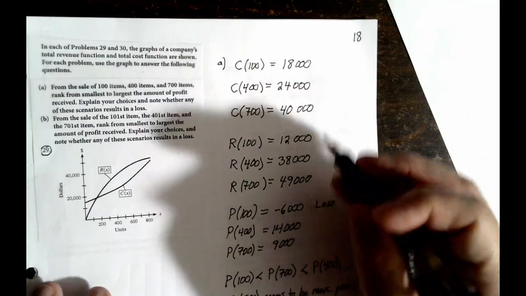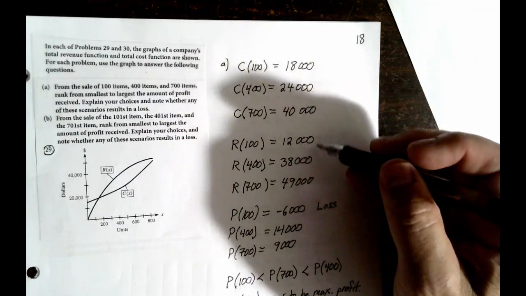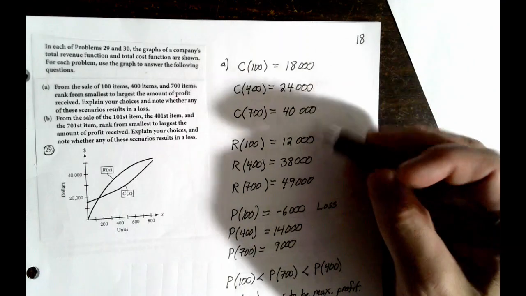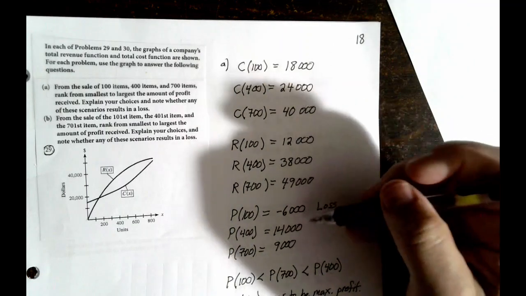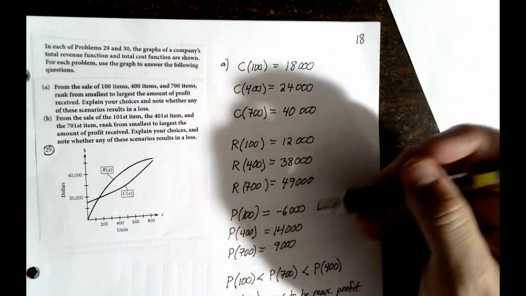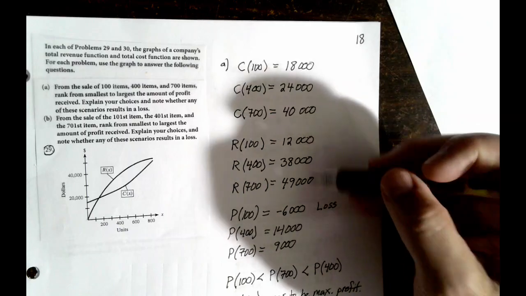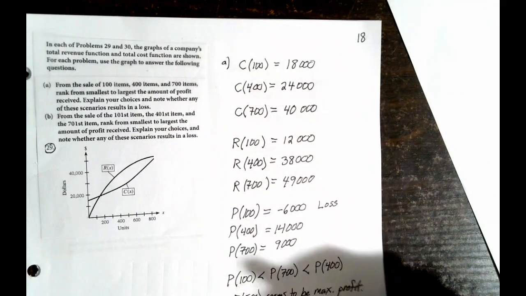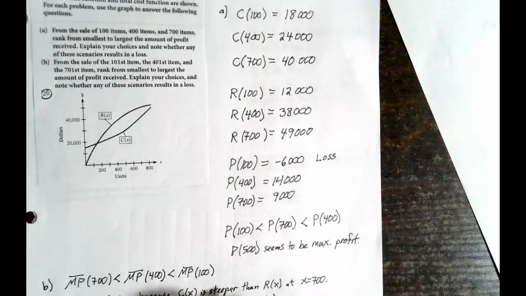The profit is simply the difference, so for 100 it's 12,000 minus 18,000, which is negative 6,000, a loss. Then 38,000 minus 24,000 is a positive profit of 14,000, and 49,000 minus 40,000 is 9,000, a profit of $9,000.